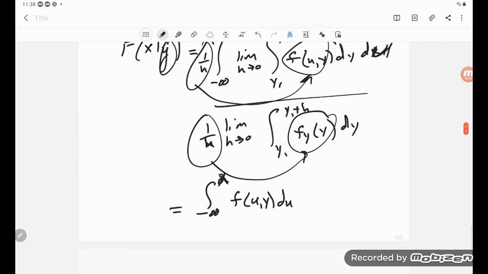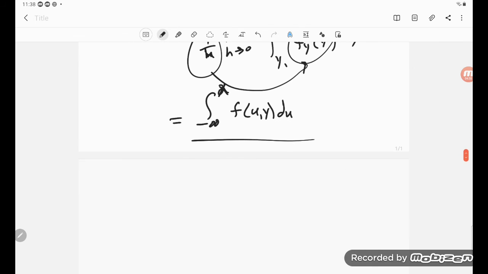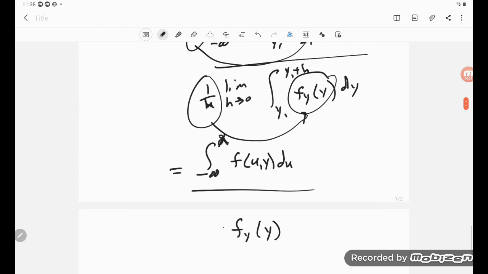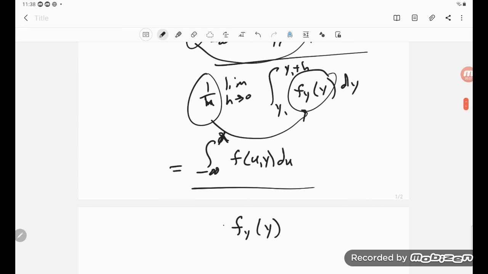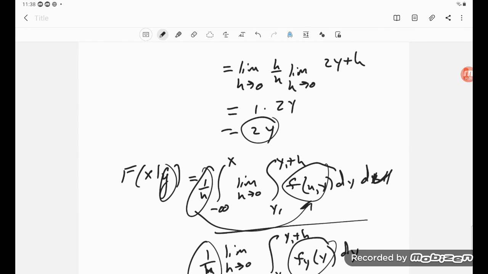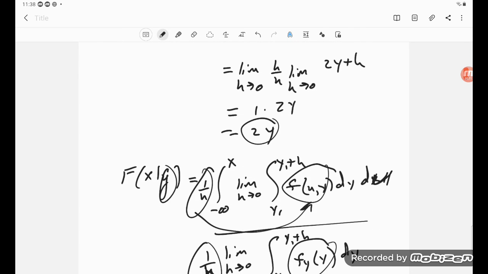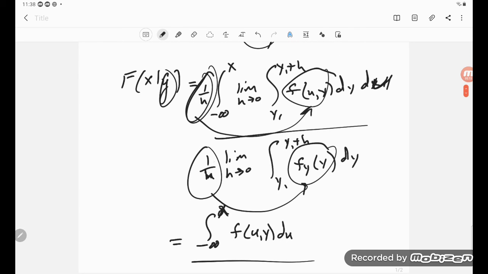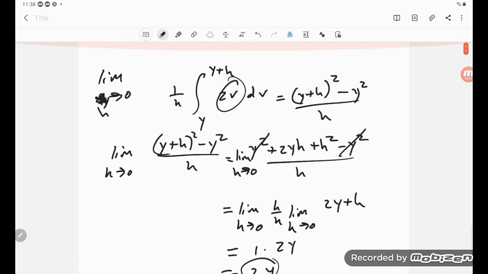And then divided by, I have to go down to the next page, our fy of y when we take that limit. Okay, so quick fix and all that, it just had to do with we needed to multiply top and bottom by 1 over h, and then when we take that limit, that's how we get to what's inside, and from our example we see how that worked.